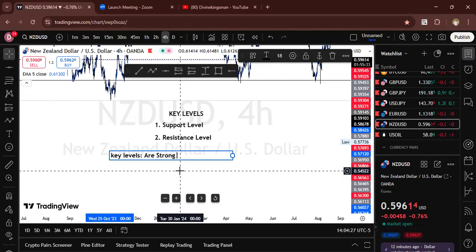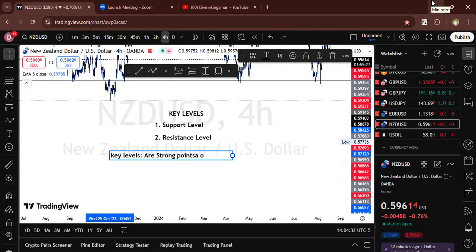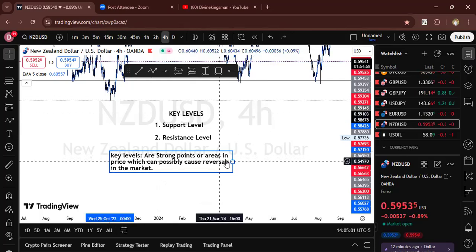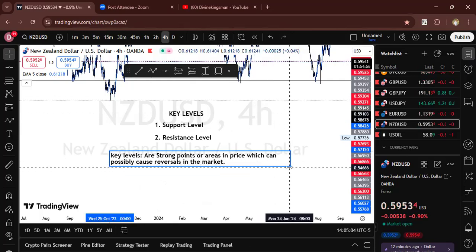So key levels are strong points or areas in price which can possibly cause reversals in the market.